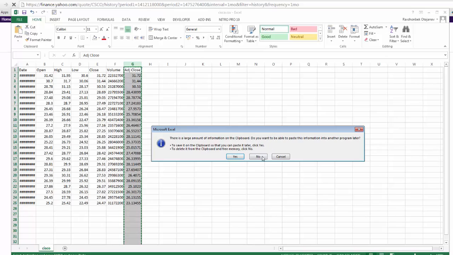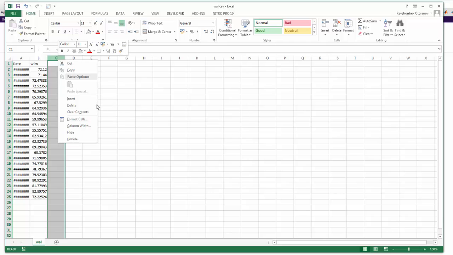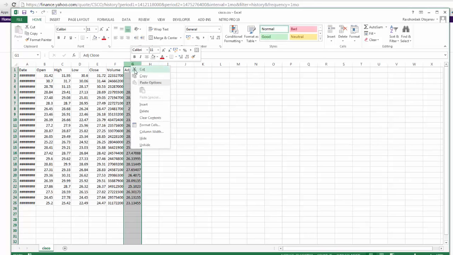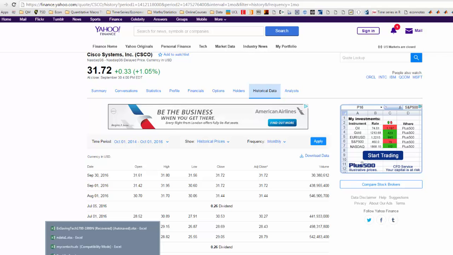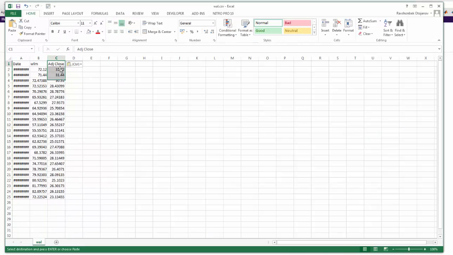Now we can close this and paste it here. Actually, it didn't save, by the way. I might have cut it instead of copying. So let's go back, copy now, and then paste it. And this was Cisco.